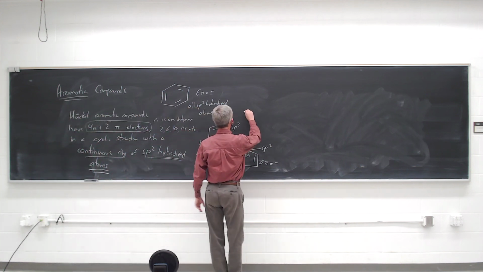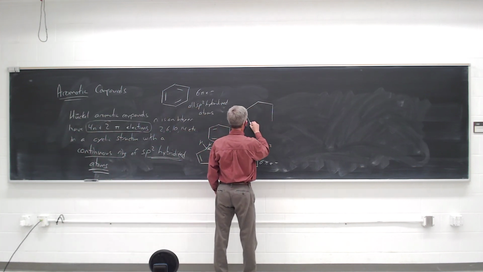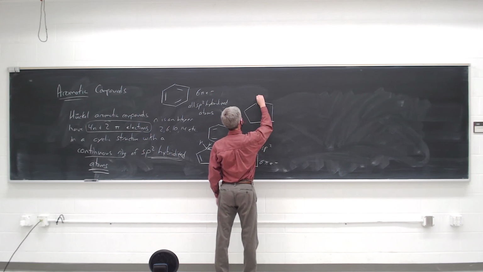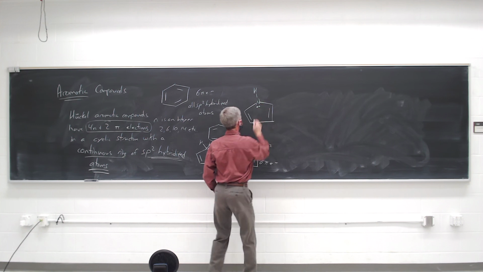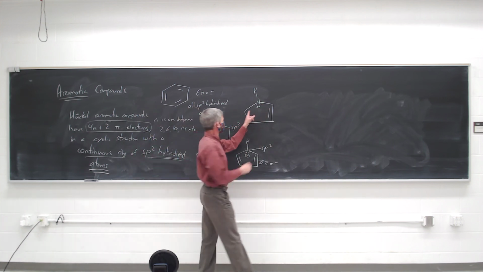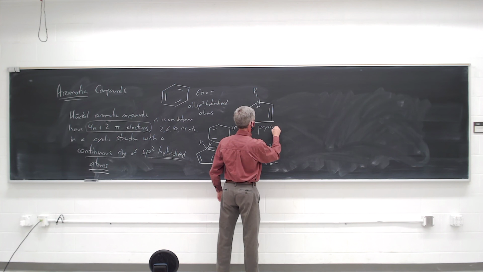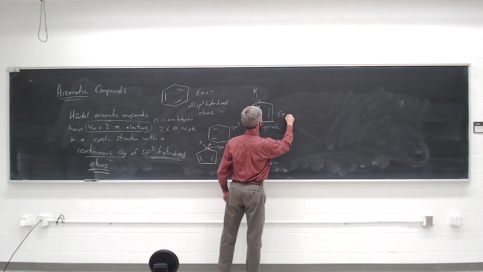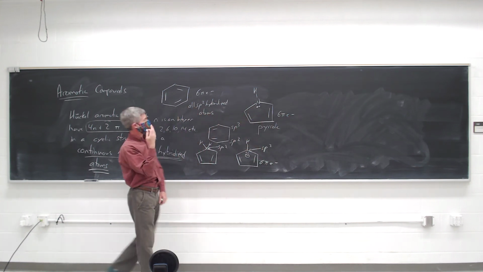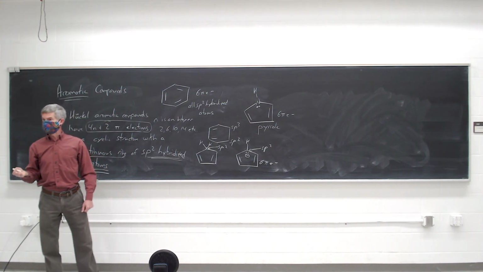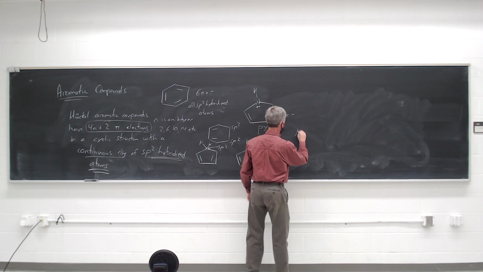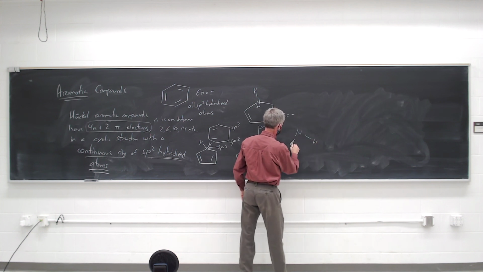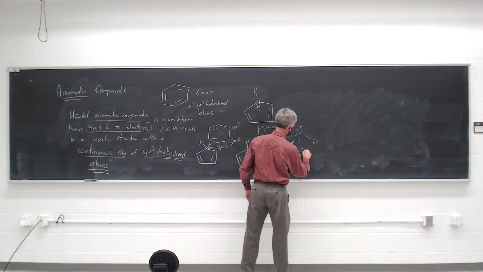So another molecule that is Hückel aromatic is pyrrole. Pyrrole actually has 6 pi electrons. Normally, a trivalent nitrogen like that would not be planar. Right? Normally, ammonia would be pyramidal and sp3 hybridized.